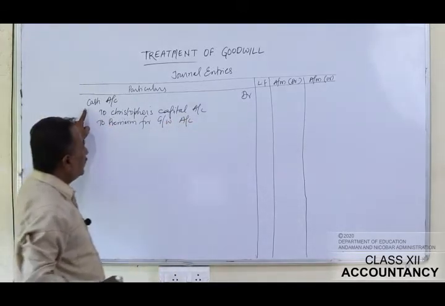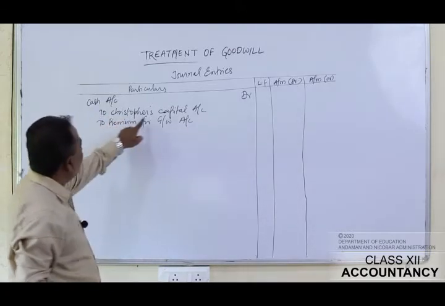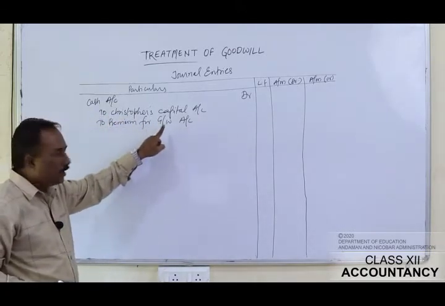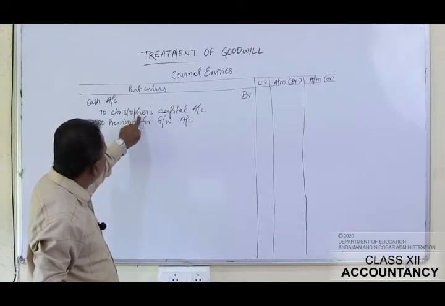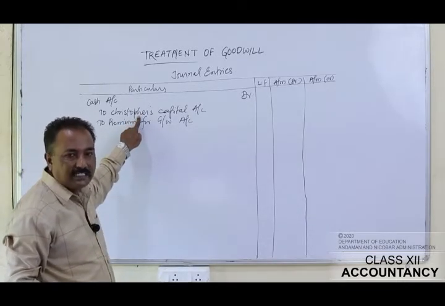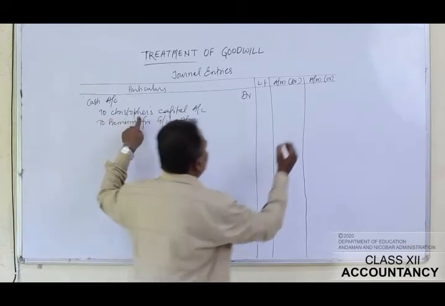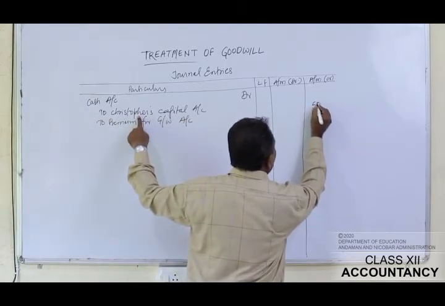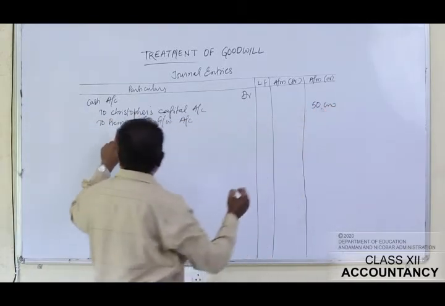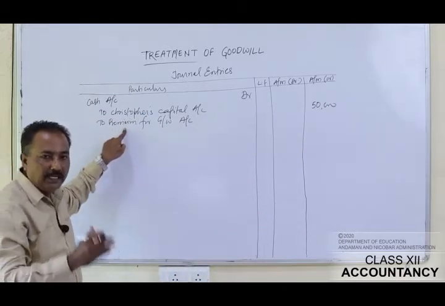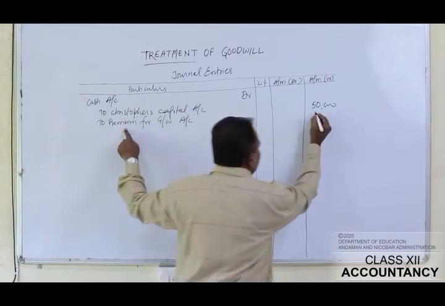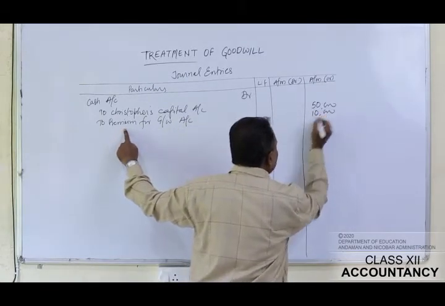Cash account debit to Christopher's capital account and premium for goodwill account. What is the amount of Christopher's capital which he is bringing in the business? It is rupees 50,000. So, write down here rupees 50,000, and the premium for goodwill which he was able to bring in the business was rupees 10,000. So, record here rupees 10,000.